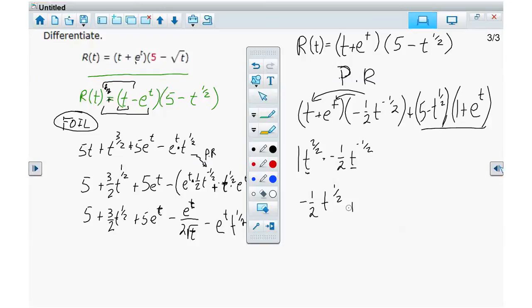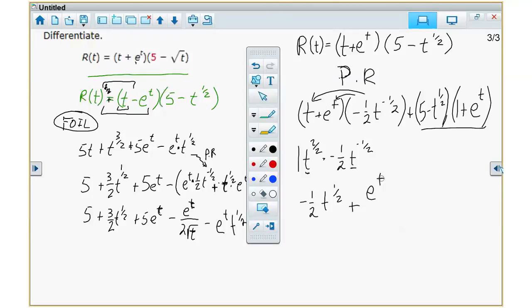So plus e to the t over 1 times negative 1/2. And that t to the negative 1/2, I'm going to bring it down with this 2. T to the negative 1/2 over 1. Okay, so that's what we're doing. This times this is right here.